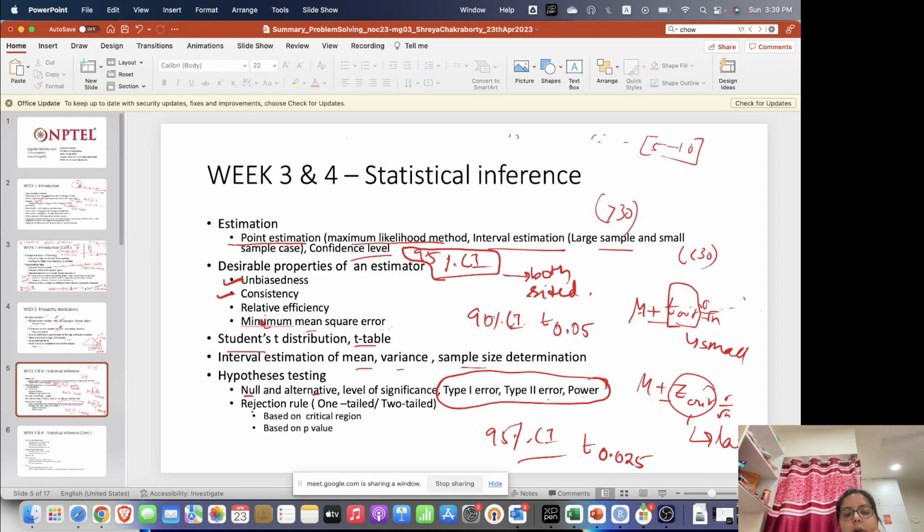Then we learnt about rejection rule based on the p-value method and the traditional method. So we could base our rejection rule on critical regions, like, let's say this is my observed F and it is greater than the F critical. So this is based on the critical region that we devise, keeping our alternate hypothesis in mind, and this will reject H naught.